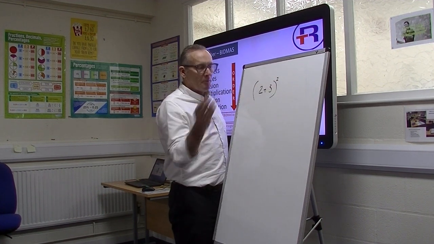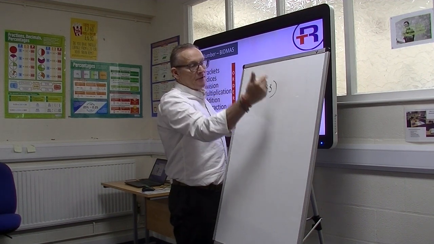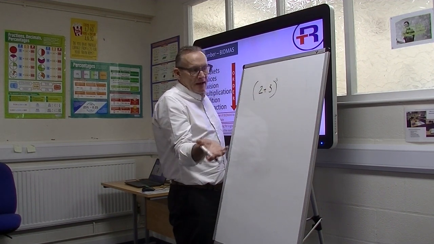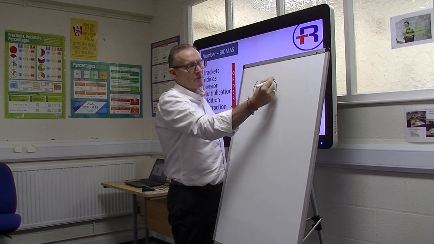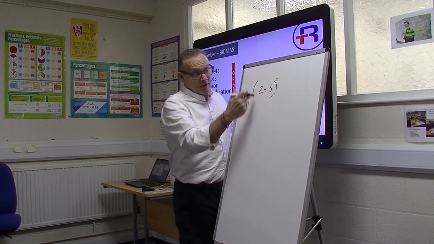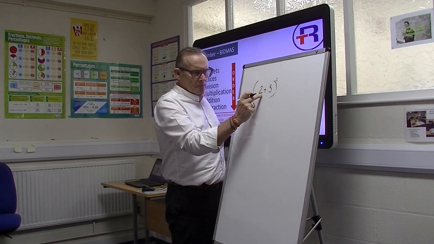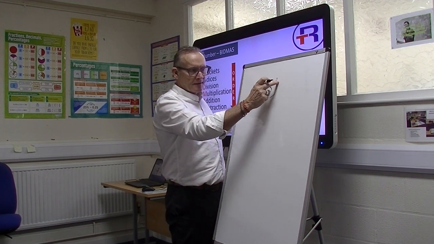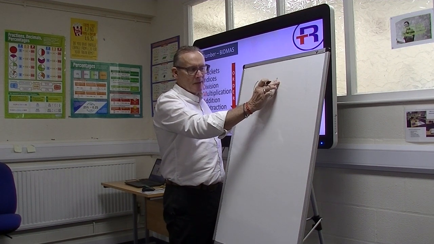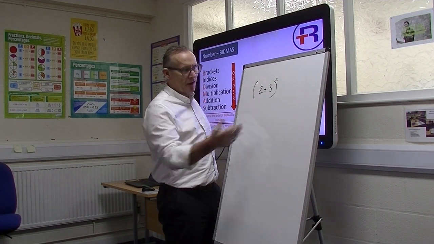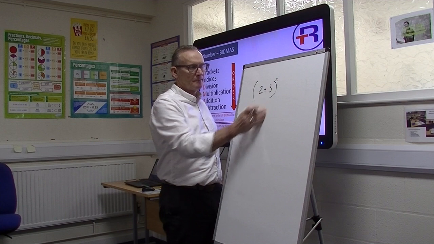Not by 2, but by itself. That could be a 3. It could be any number, to be perfectly honest. For our example, we're just going to use the number 2. So applying the BIDMAS rule here, we'd do 2 plus 3 is 5, so the answer to the bracket is 5. We would then multiply it by itself. 5 times 5 is 25. So the answer for that would be 25.